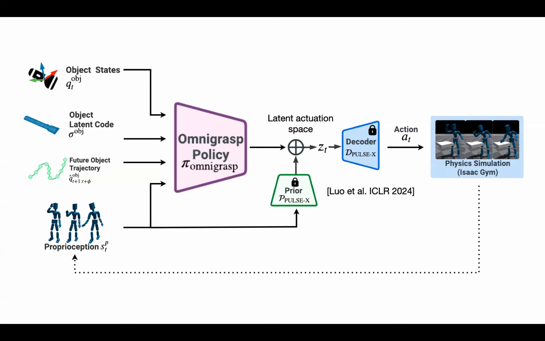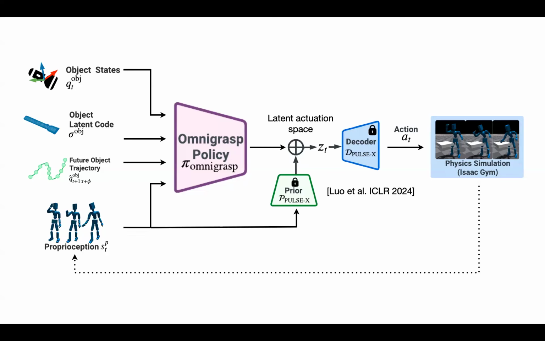So we ask Omnigrasp to give as output actuation in the latent space and not in the full space of the humanoid. It's corrected by the PULSE model; there's a prior model that interjects some more actuation information. Then the decoder takes it from the latent space to the full actuation space of the humanoid.